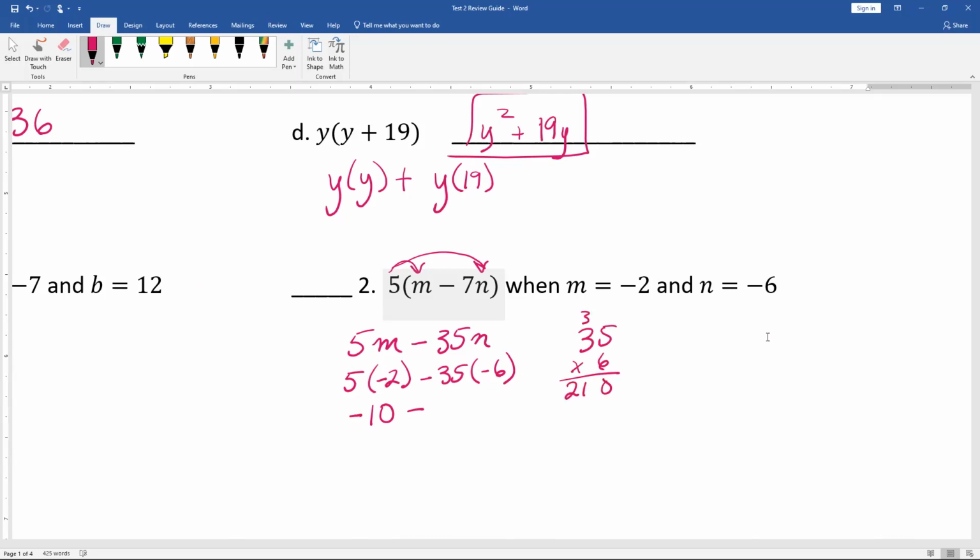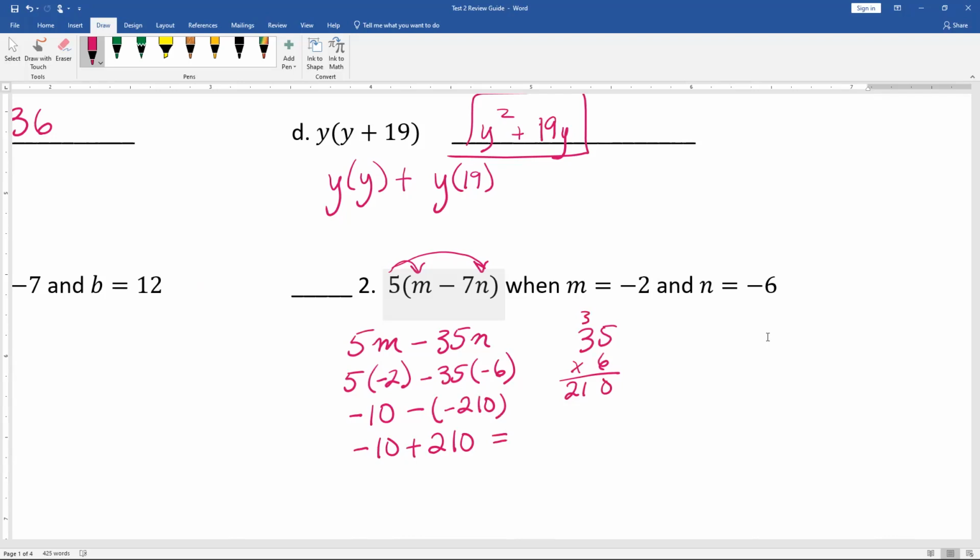Negative or positive? Negative 210, which means what? Right, negative 10 plus 210. Close, but not quite. Are these like or unlike?